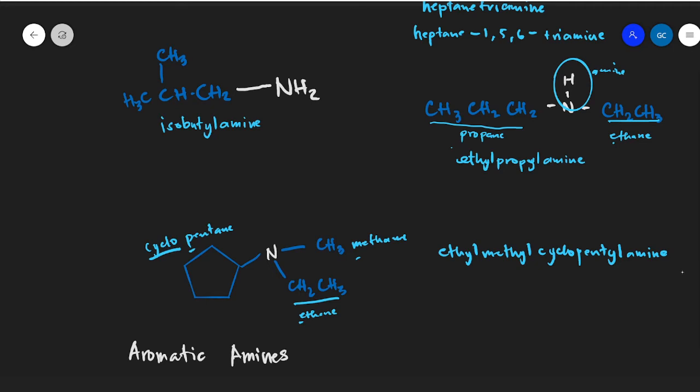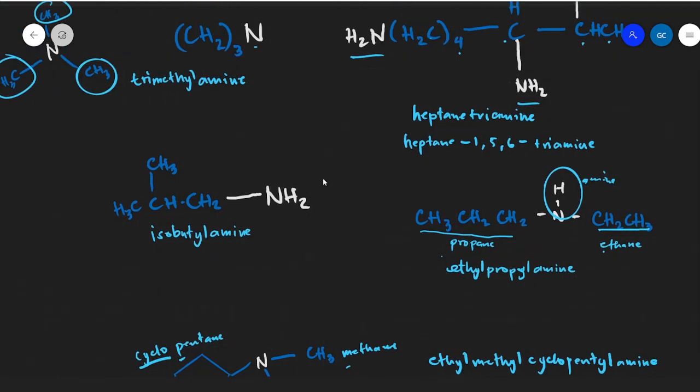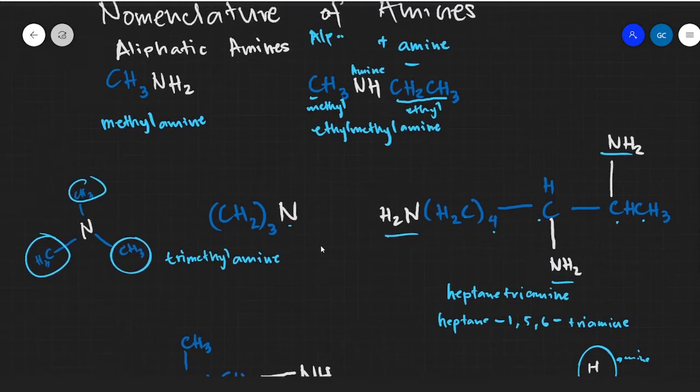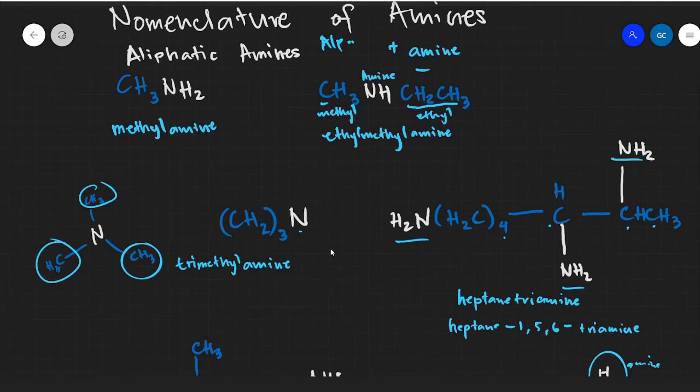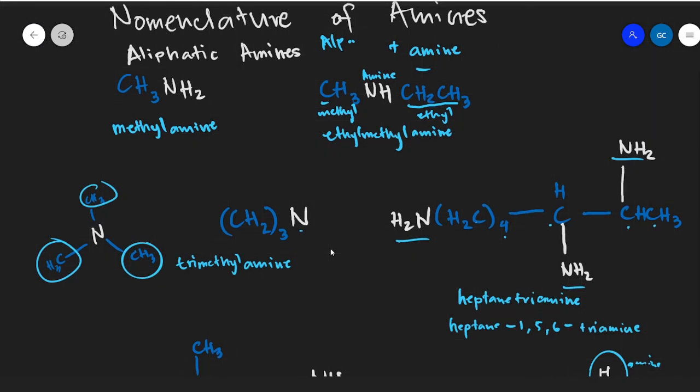So, those are the examples for our aliphatic amines. Ganun lang. You just need to mention all of the carbon groups na attached dun sa ating amine kapag iisa yung amine natin. But in cases that we have multiple ammonia groups attached to our R groups, ang mangyayari, we will have there our numbering system.